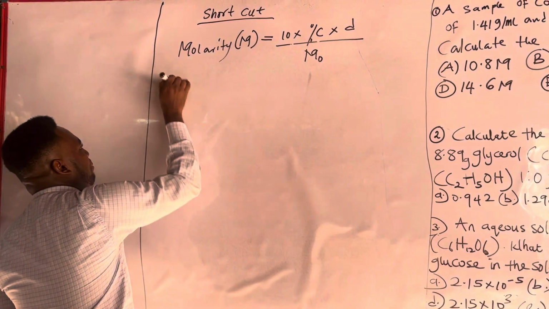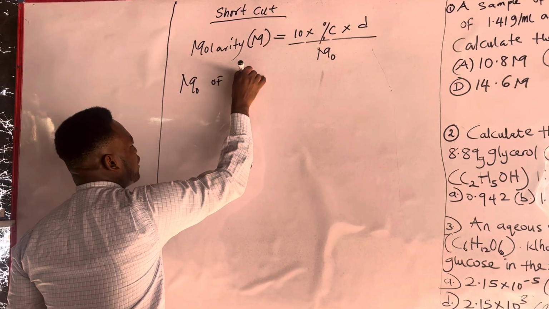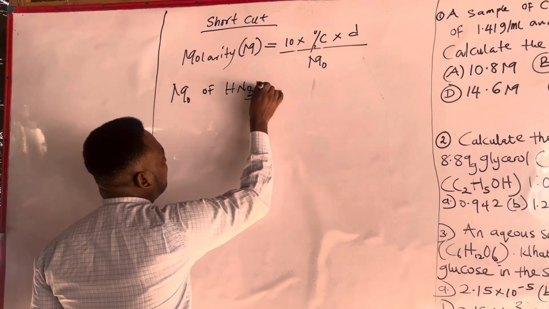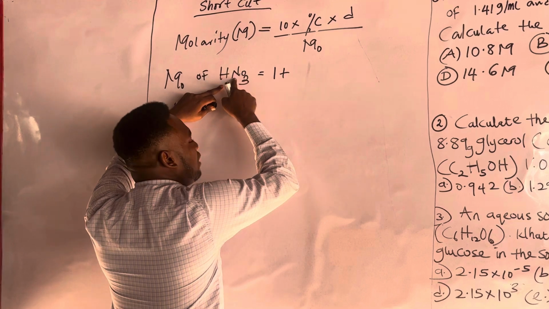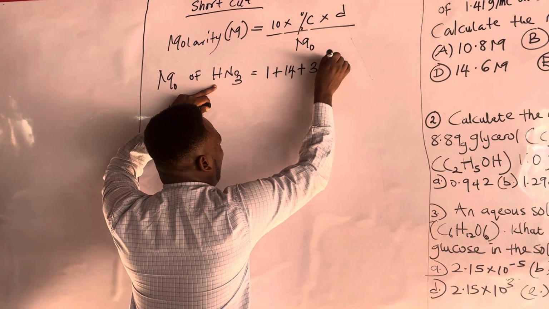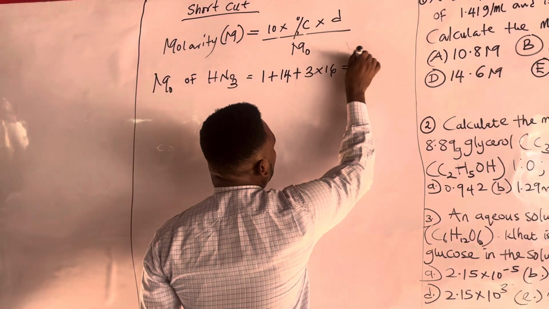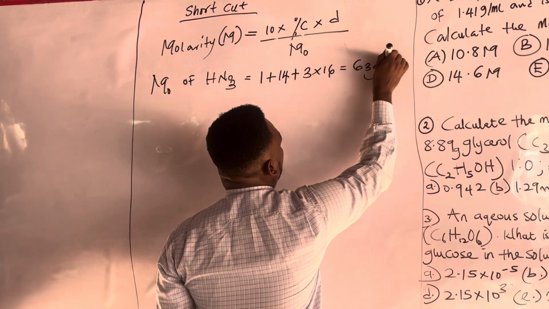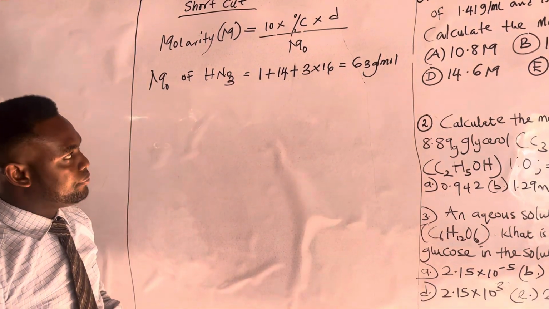Now, to get the molar mass of HNO3, we solve everything here. We have hydrogen is 1, plus relative atomic mass of nitrogen is 14, plus 3 times 16. If you do this very well, you are supposed to be getting 63 grams per mole as the molar mass of HNO3.